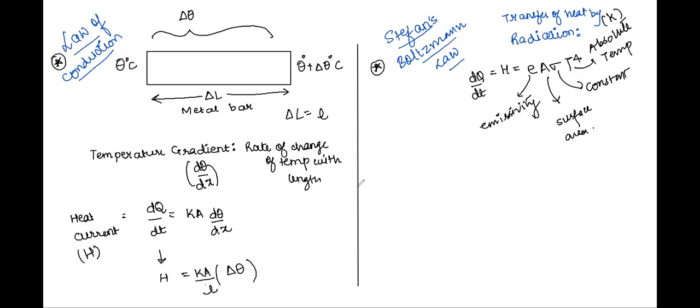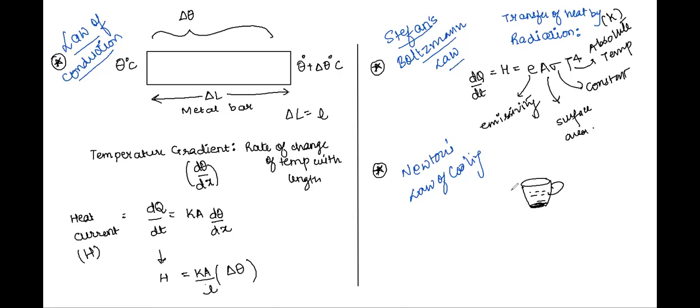There is one more law which is called Newton's law of cooling. So let's say we have a cup of tea placed on a table. It's a general observation that in winters, this cup with all its contents tends to get cooler faster.